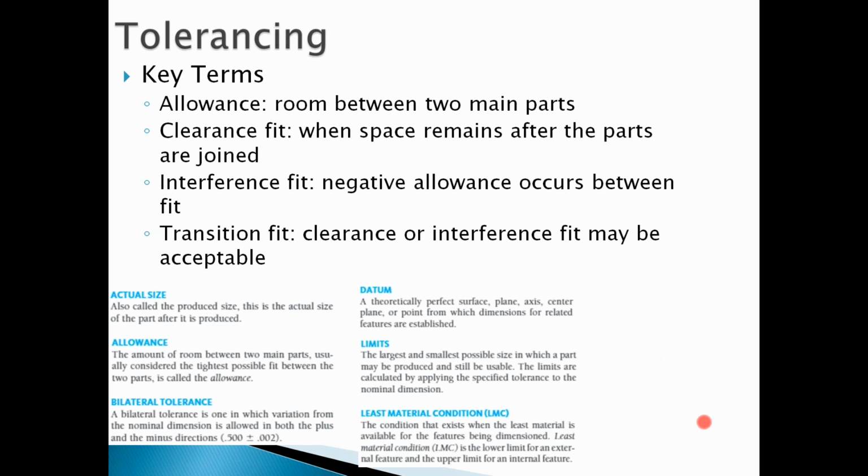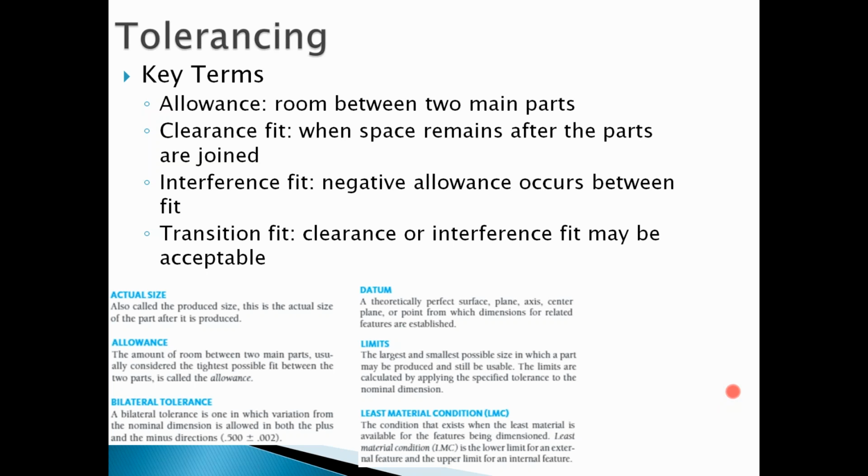Least material condition, LMC, is the condition that exists when the least material is available for the feature being dimensioned. It is the lowest limit for an external feature and the upper limit for an internal feature.